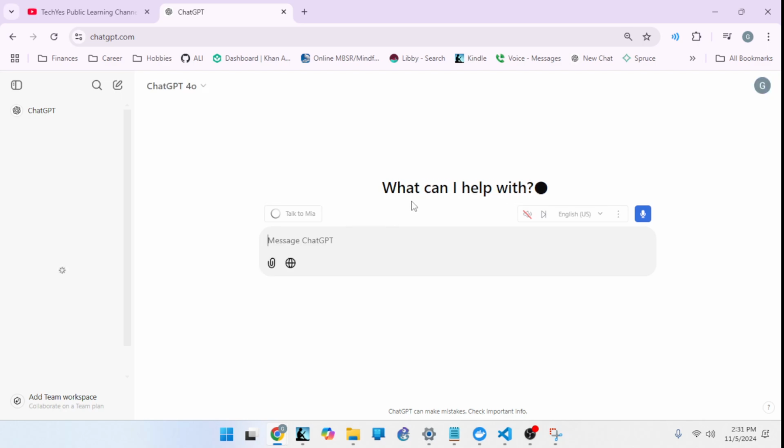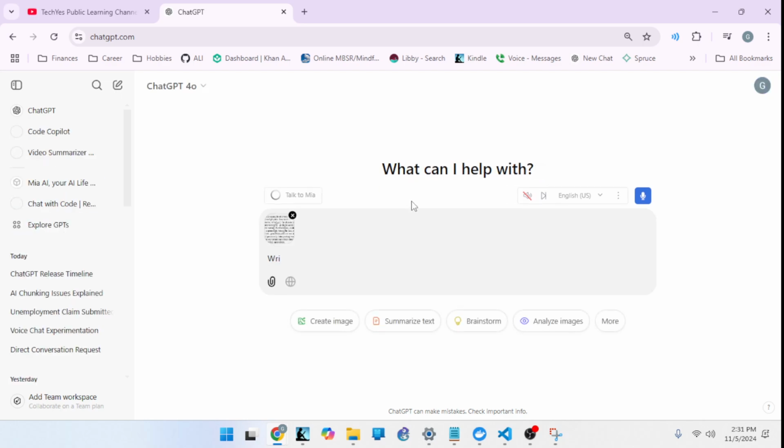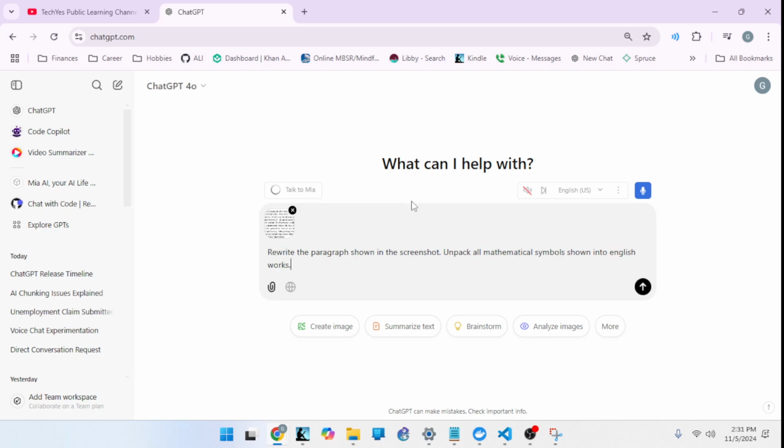We're going to say: rewrite the paragraph shown in the screenshot, unpack all mathematical symbols shown into English words.